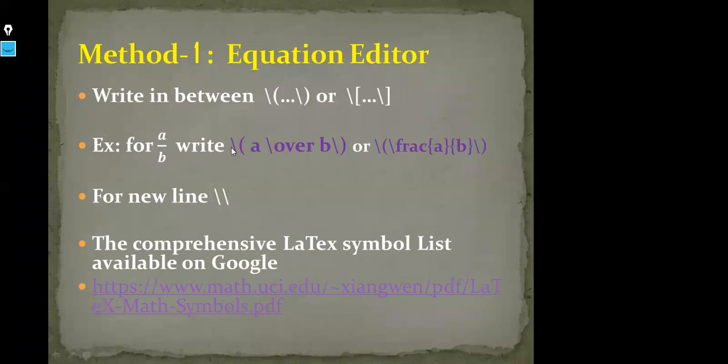First, the backslash open bracket is used, then a. This backslash over is the command for division, to get the a upon b form. Or there is an alternative way, that is backslash frac of a and b. These curly brackets will not come there. It comes only as a upon b.